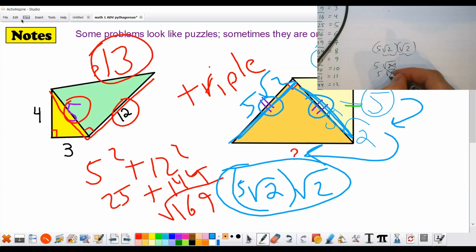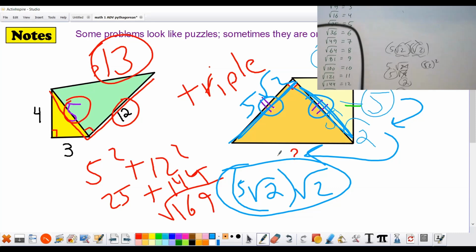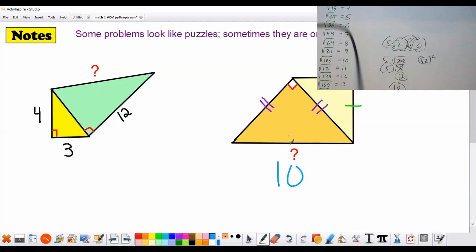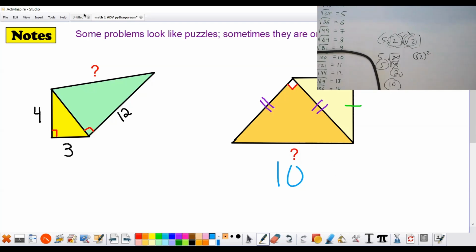What's the square root of 4? 2. In fact, wouldn't these cancel each other out? Isn't that radical 2 squared? So I have a 5, radical 2 times radical 2 is radical 4, square root of 4 is 2. I have a normal 5 and a normal 2. 10. 10 is that length. Okay, so this side is exactly 10. Yeah, those are kind of fun.